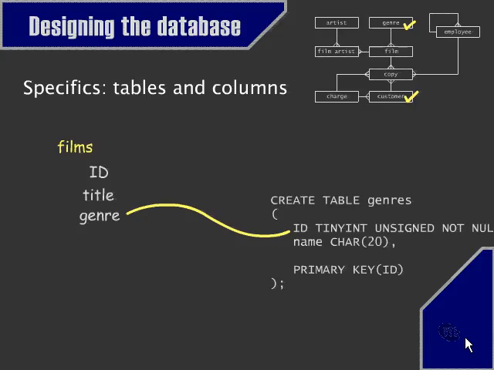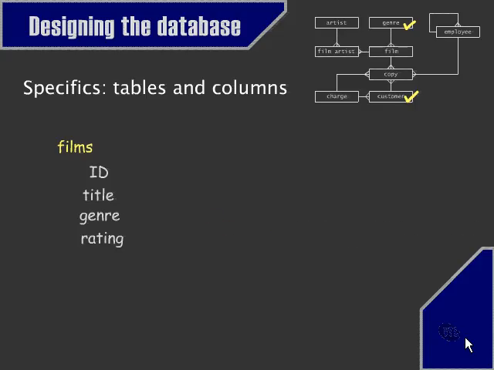So let's get on with the rest of the columns of the films table. We're going to need a rating, and we could do this several ways. One way would be to have a ratings table like the genres table, which would store information about each of the different ratings.